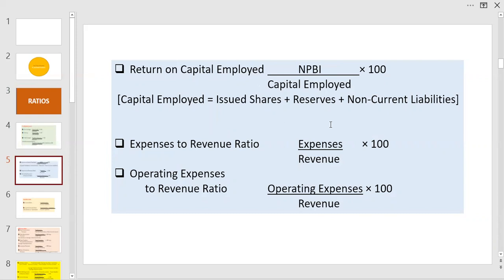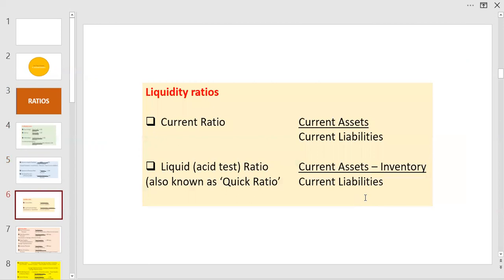Next, expenses to revenue ratio into a percentage, or it can be a specific expenditure like operating expenditure. Where it is important these definitions are consistently maintained. Next is under liquidity ratio, current ratio, current assets divided by current liabilities, indicating the ability of the company to repay their day-to-day liabilities.